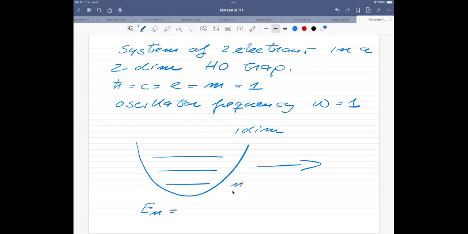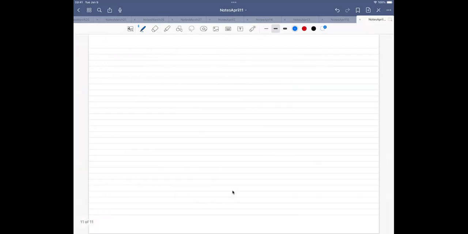So this will be n equal 0, n equal 1, n equal 2, etc. So this is given by h bar omega of n plus 1/2. That's in 1 dimension. But we are going to move into 2 dimensions, and then we need to be a little bit careful here. So when we go to 2 dimensions, then something happens, which we need to look at.